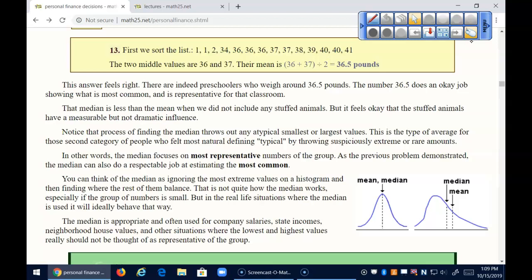Just because somehow I inherit a lot of money and turn my house into a mansion doesn't mean my neighbor's house value suddenly goes up that much. In other situations, the lowest and highest ones aren't representative, so we'll just throw them out. Focus on the middle of the list.